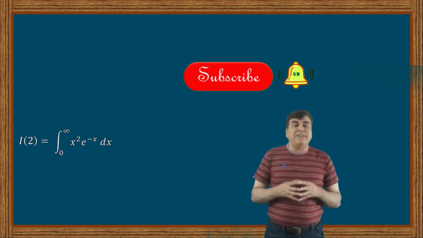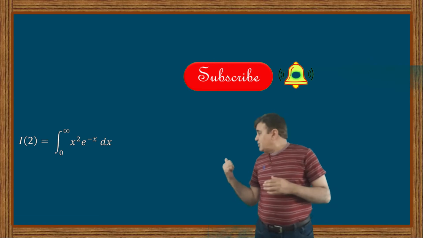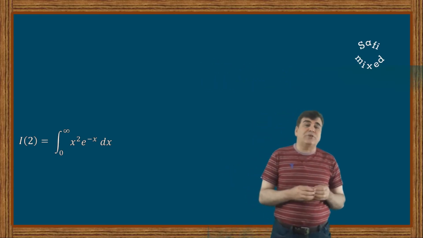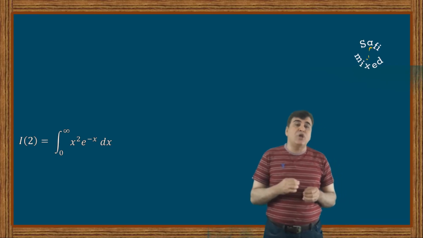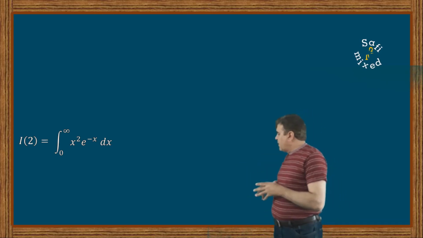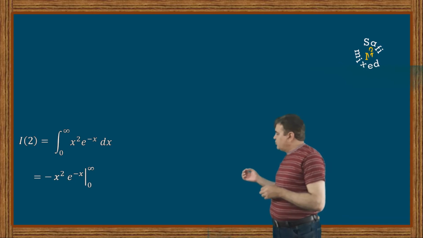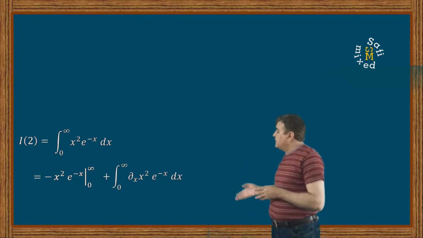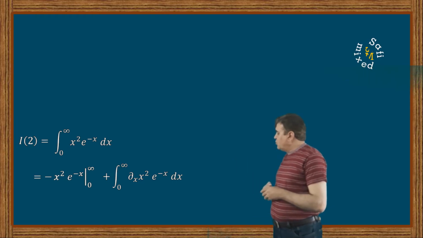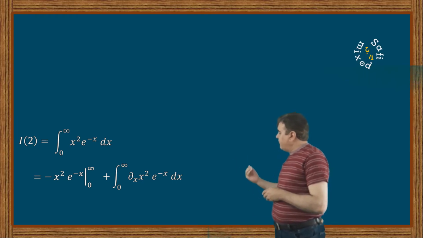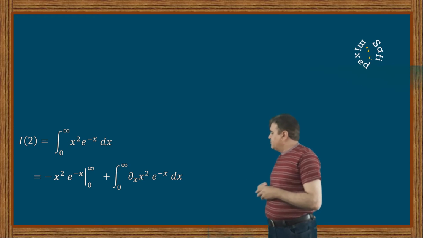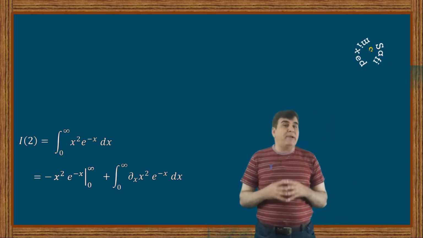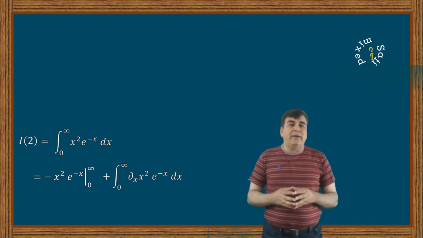Now employing integration by parts to this integral and treating x squared as the first function and the exponent of minus x as the second term, we can put the result into this form: minus x squared times exponent of minus x, the limit from 0 to infinity, plus integral from 0 to infinity partial x of x squared times exponent minus x dx. Again, the derivative applies only to x squared.